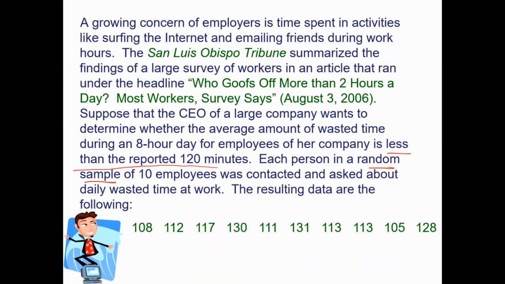Well, let's see here. You said x bar is 116.8. Standard deviation S should be 9.449. And then n is 10.